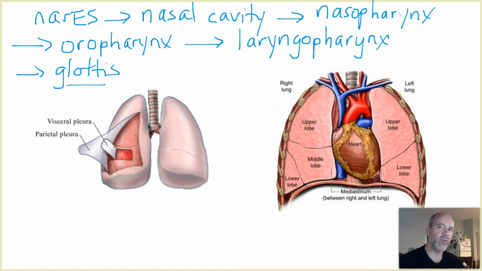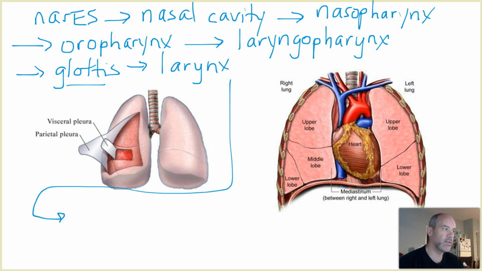Those true vocal cords have to part so the air can pass into the glottis. That leads into the larynx. But your Adam's apple, what you're feeling when you feel your Adam's apple, that's those cartilages that surround and protect the larynx. All right, now from the larynx, where are we going to head into?